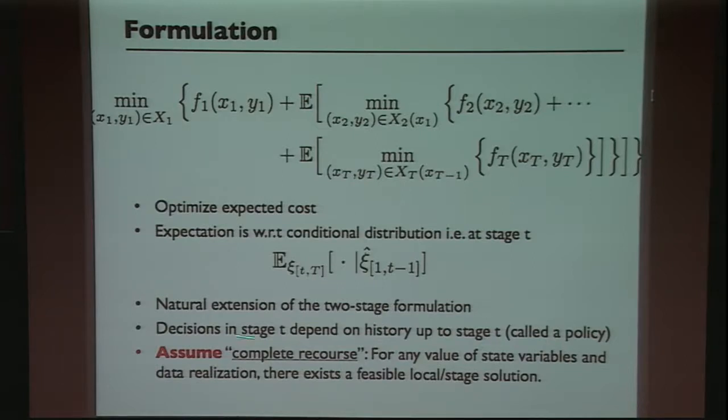All right, so this is a natural extension of a two-stage formulation. Here is an important thing that I think Dave alluded to in the last lecture. What is the solution to this problem? When we talk about a two-stage model, how do you encode a solution? You can say, okay, here's the optimal first stage decision, because once you give me the optimal first stage decision, I can compute what the second stage decisions are, given the uncertainty realization and the first stage. So essentially you can report the first stage solution.